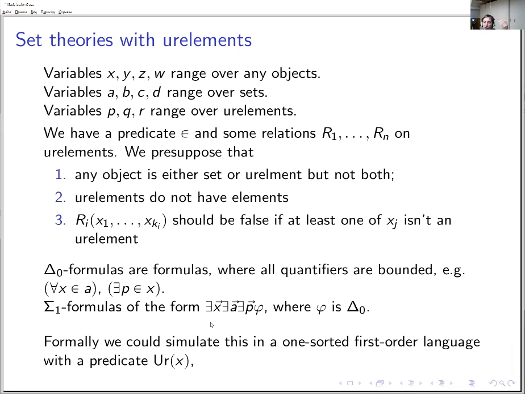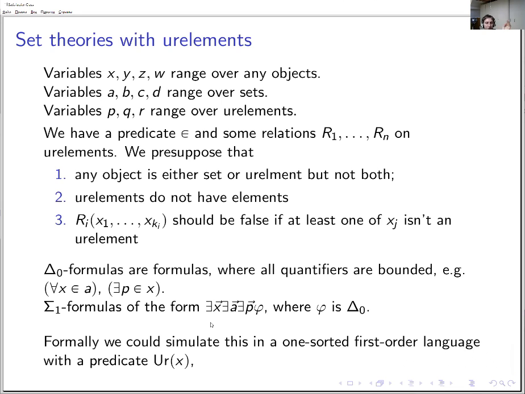Then we have initial restrictions on the membership predicate and the predicates Ri. Urelements shouldn't have any members, so nothing could be a member of an urelement. And predicates Ri are defined only on urelements, so if you put a set as an argument, then Ri should be false.